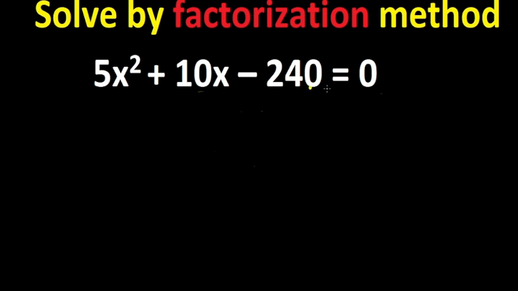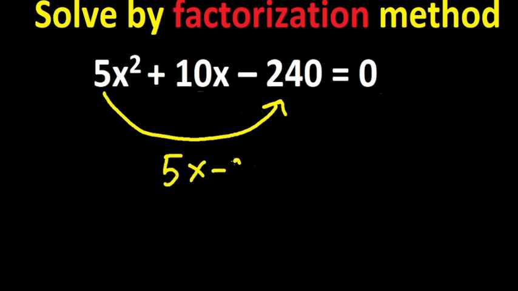Now the value of the discriminant which we got, which is 70 squared, shows that this quadratic equation can be solved by factorization method. Now, to solve this, the first thing is to multiply 5 by negative 240, which is going to give us negative 1200.